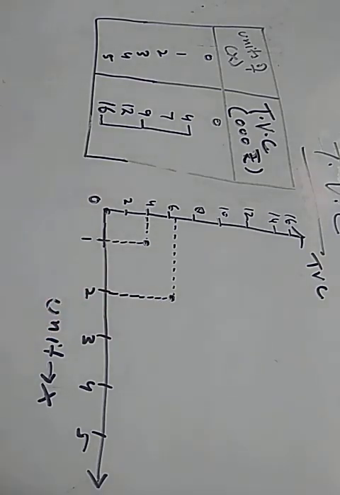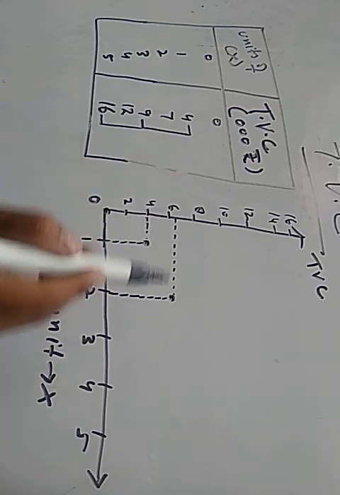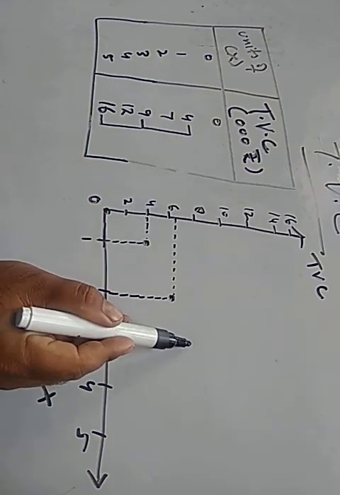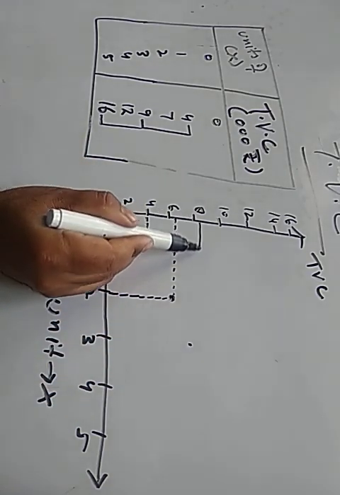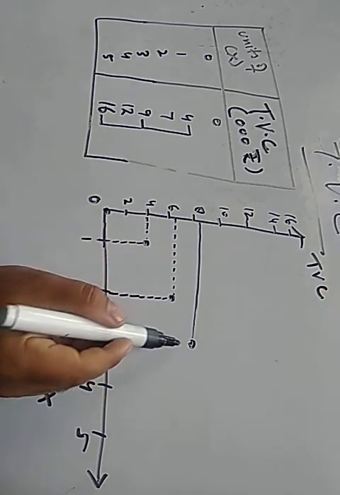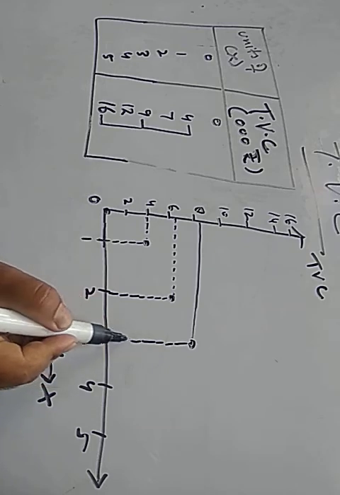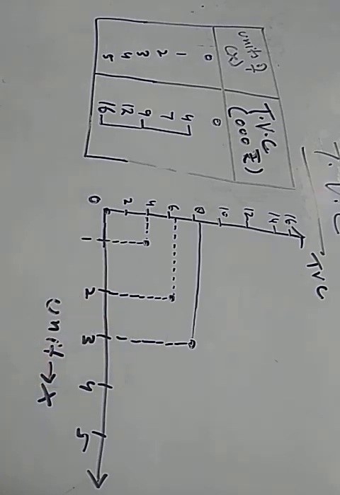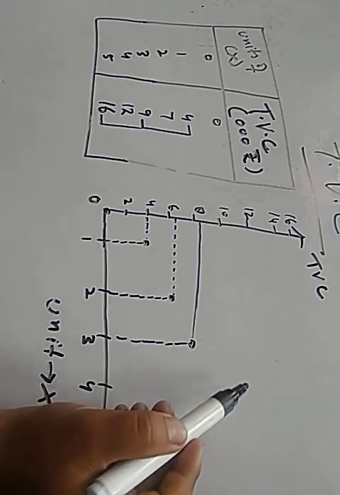And when 3 units of X have been produced, total variable cost has increased to 9,000. Here it will lie. It shows 9,000 total variable cost. And when 4 units of X have been produced, total variable cost is 12,000.